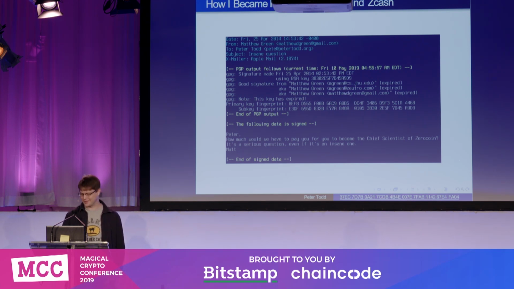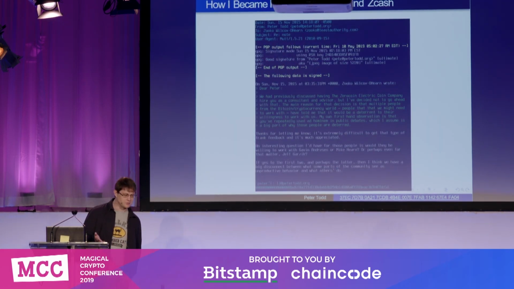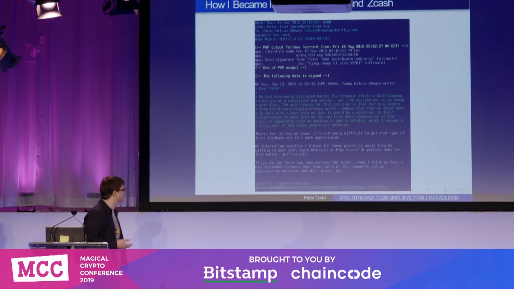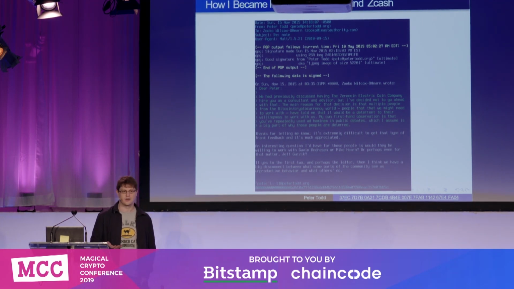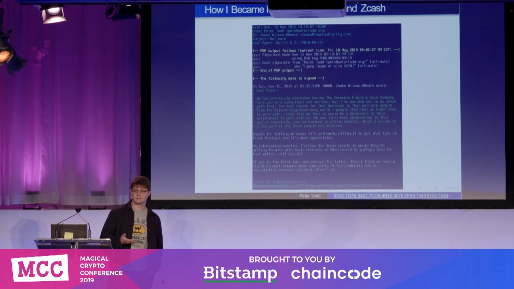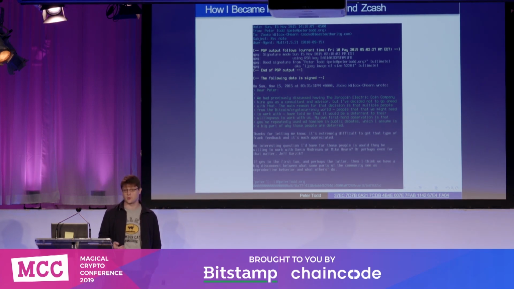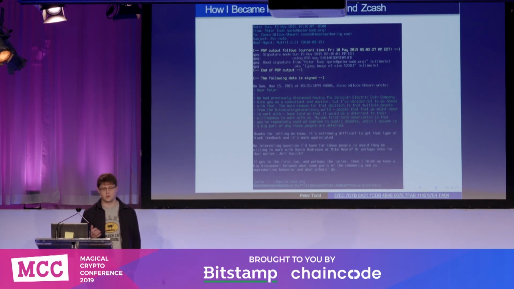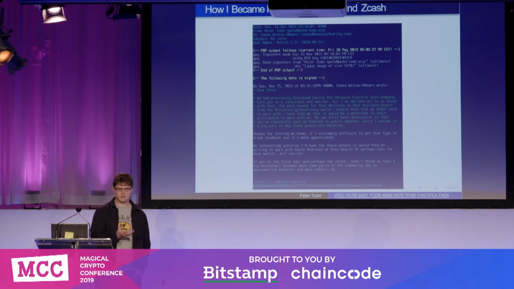But fast forward a bit, Zooko got involved, and we had some discussions, and long story short, we got to the point where he wanted to hire me, but ultimately we had some conflicts, and I always thought this email was kind of interesting because essentially I'm saying, if you don't want to work with me because of how I talk about stuff, that's all well and good, but how exactly do you make this evaluation?